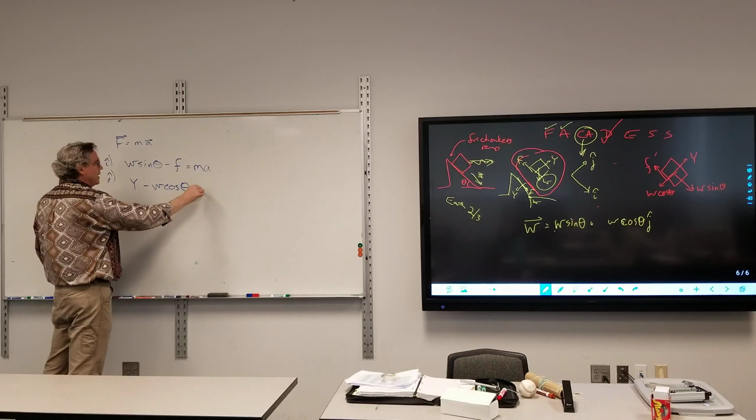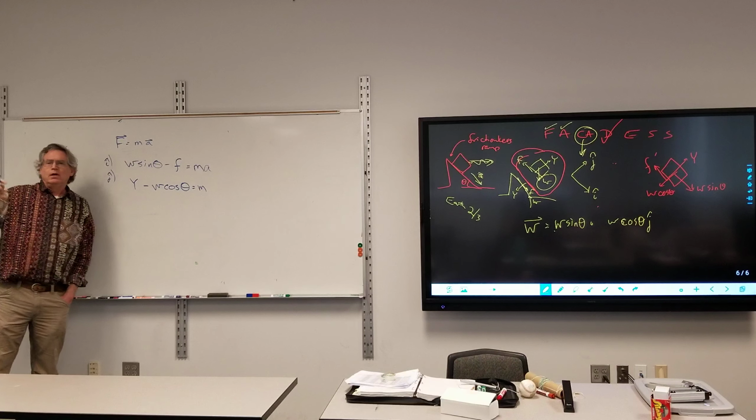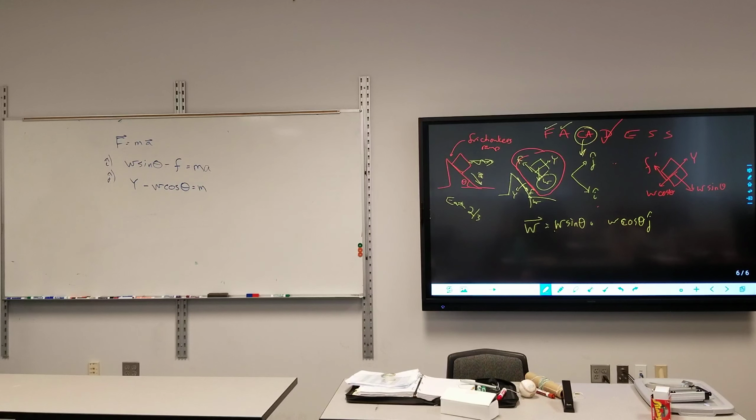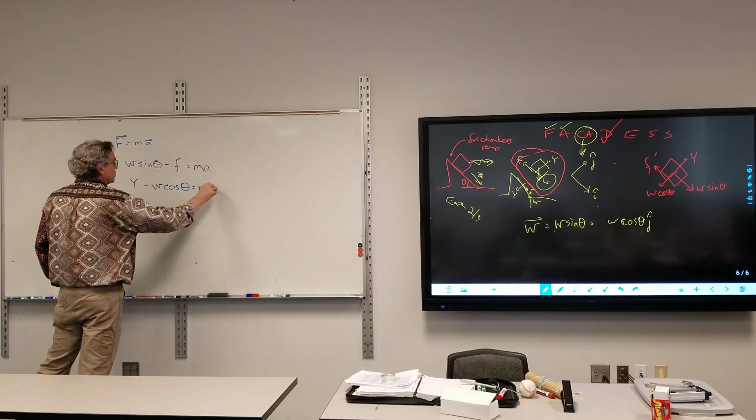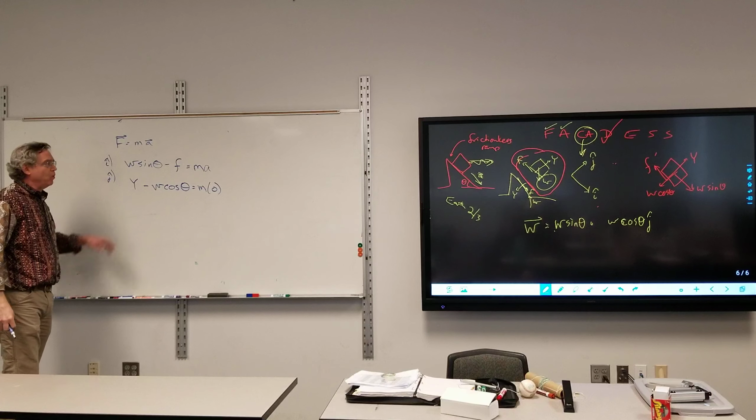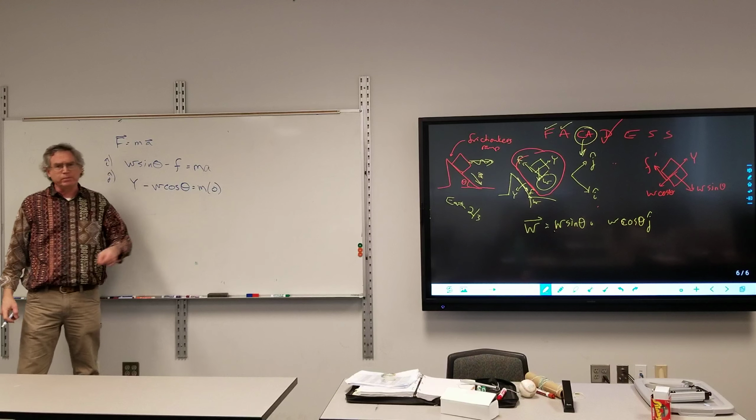Equals mass times, what is the acceleration in the J hat direction? If it's going down the ramp, we said that was I hat, and J hat's perpendicular to it. So the acceleration is 0. This is why we chose our coordinate system the way we did, so that one of these equations is going to be equal to 0.